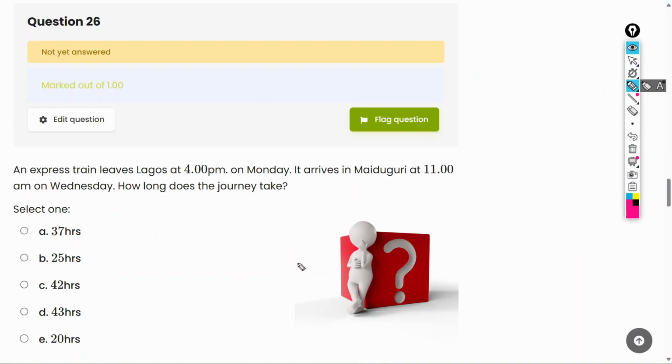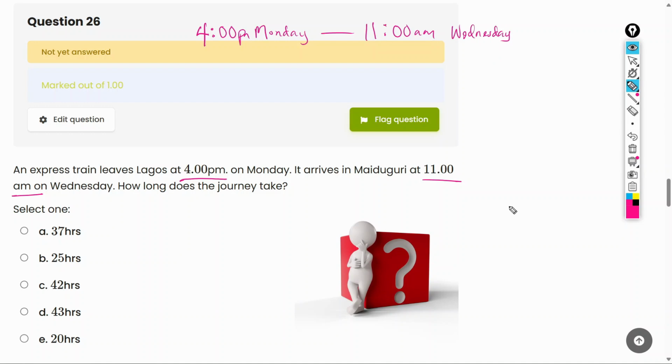An express train leaves Lagos at 4 p.m. on Monday. It arrives in Maiduguri at 11 a.m. on Wednesday. How long does the journey take? So 4 p.m. Monday to 11 a.m. Wednesday.